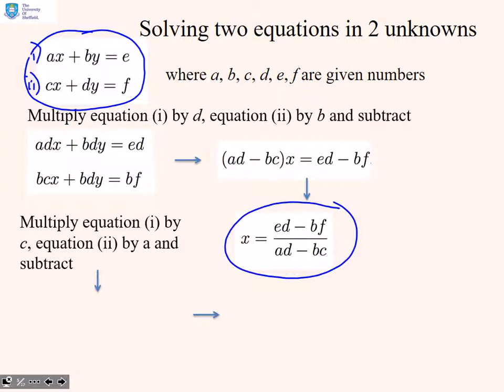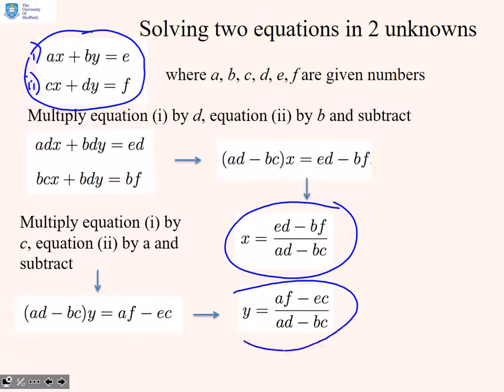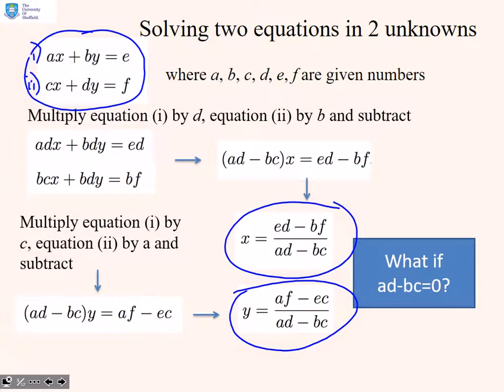Alternatively, I could multiply equation 1 by c and equation 2 by a and subtract, and I end up being able to solve for y. Now, what do you notice about these 2 solutions? What would you do if AD minus BC was 0? Can you see that this AD minus BC has appeared in the denominator?